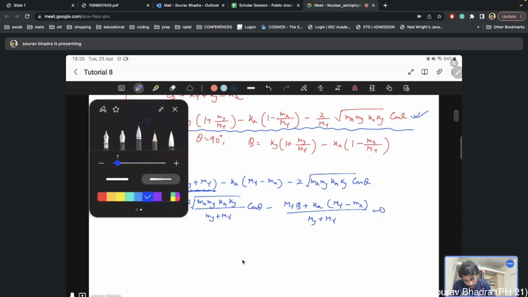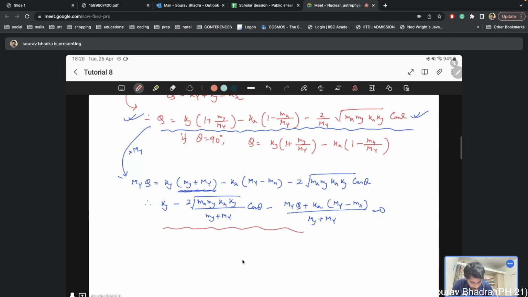Now this equation can be written as Ky minus 2p root Ky minus n equals 0. That means this root over Ky is here. So we have taken p as 2 mx My Kx divided by small m plus capital My, times cos theta, right?